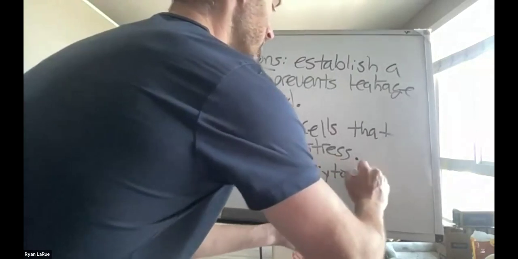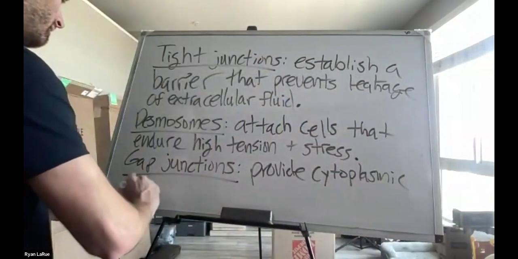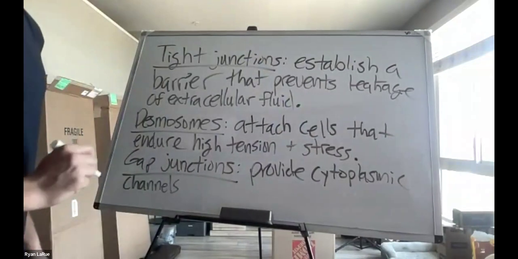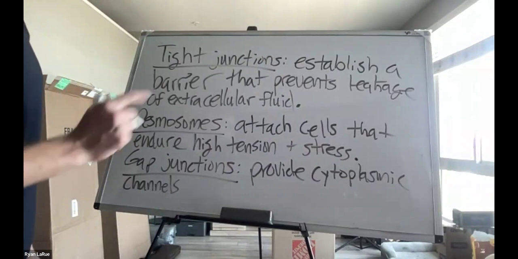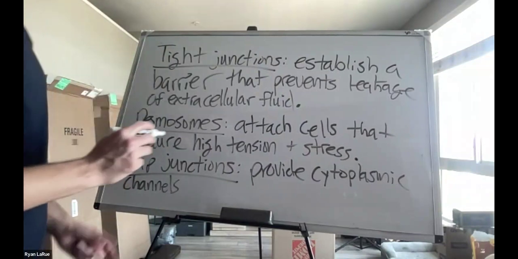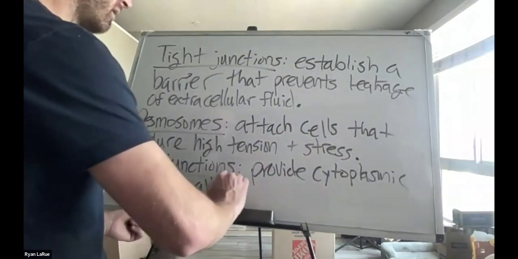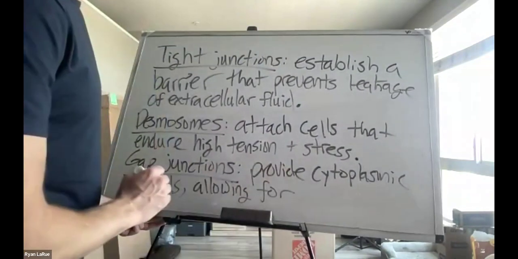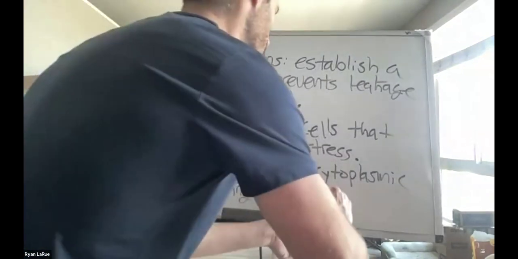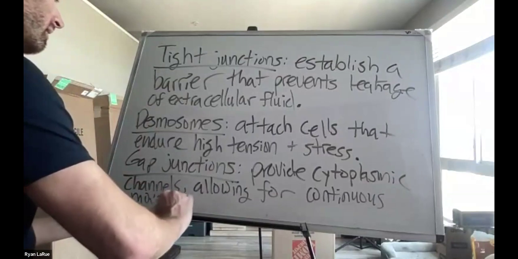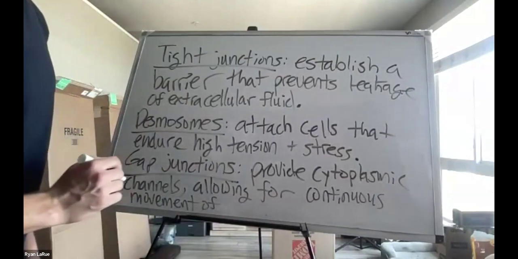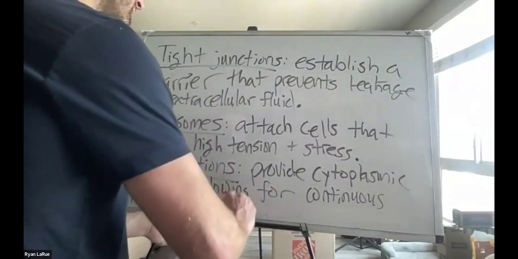So the gap junctions provide cytoplasmic channels from one cell to an adjacent cell, allowing for continuous movement of ions.